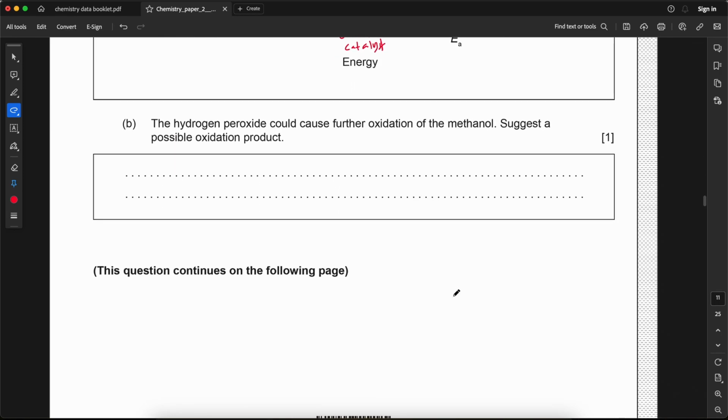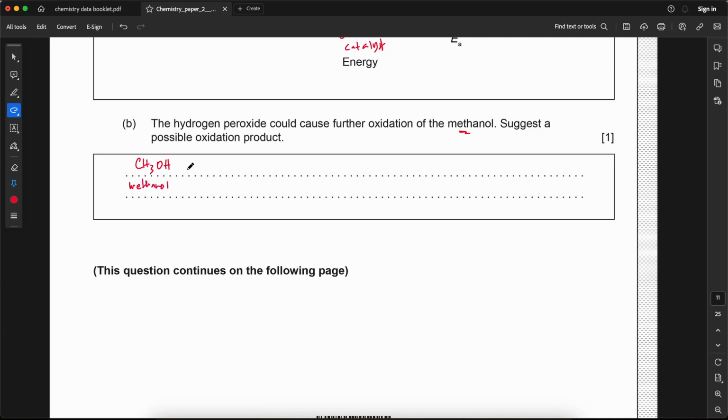Hydrogen peroxide could cause further oxidation of the methanol. Suggest a possible oxidation product. Methanol is a primary alcohol.